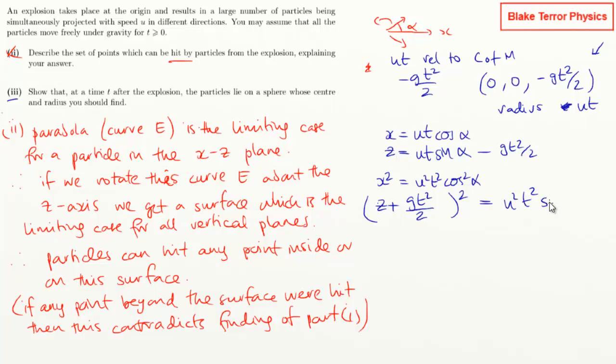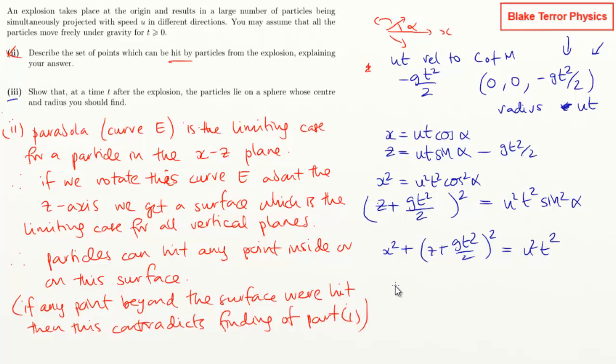You can see that's already getting at the center of the sphere here. That's our z coordinate. So if we add these things together, we get x squared plus z plus gt squared over 2 squared is equal to, since sine squared plus cos squared is 1, u squared t squared.